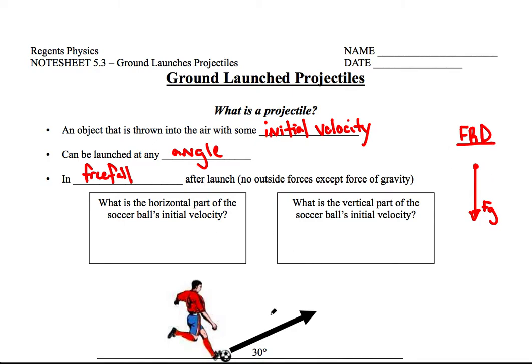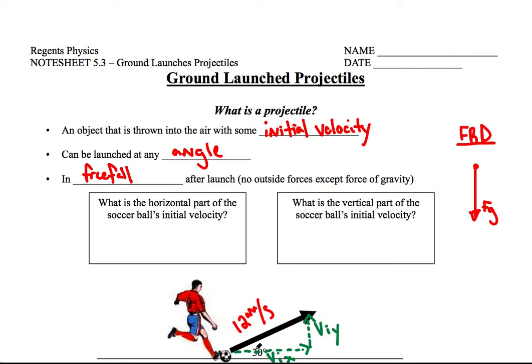So let's say we had this soccer ball and it was launched at 12 meters per second, so this is a given, and it was at 30 degrees. So what we want to figure out is what is this x component of the initial velocity, and what is this y? So I'm going to call this vi in the y, and this is my vi in the x.